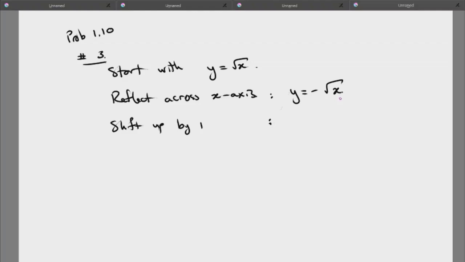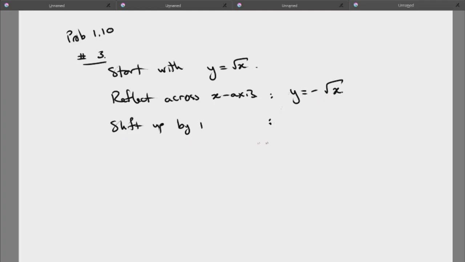I have to do something to the whole right-hand side. So I know a reflection has some sort of negative in it, but the corresponding change in the function for vertical and horizontal isn't the same at all. Horizontal is a replacement, vertical is doing something to the whole right-hand side.